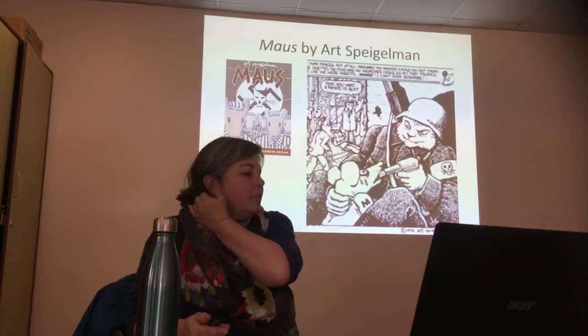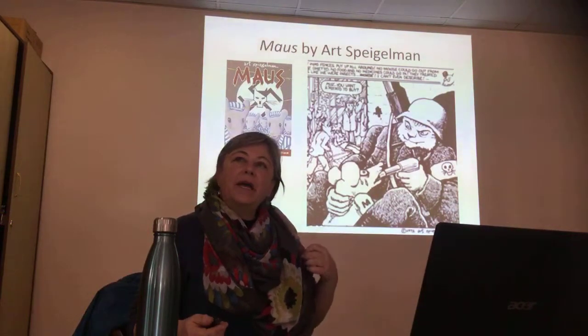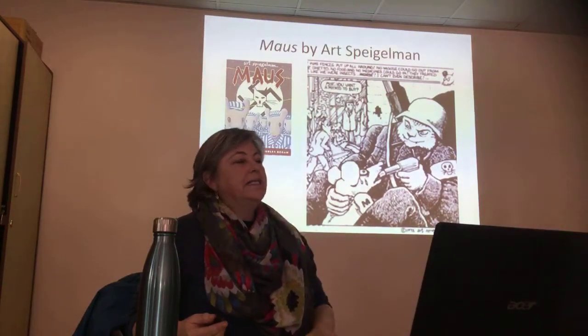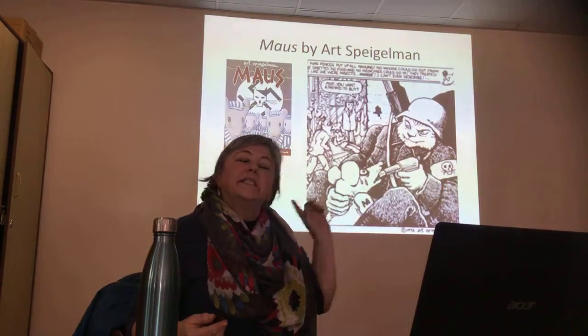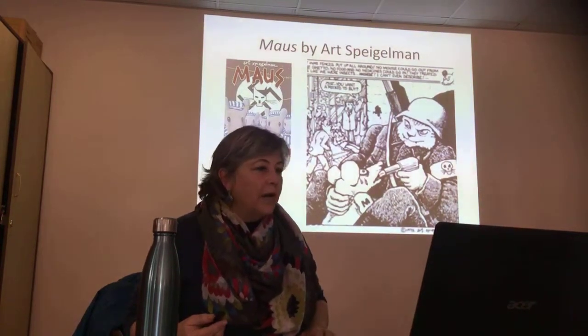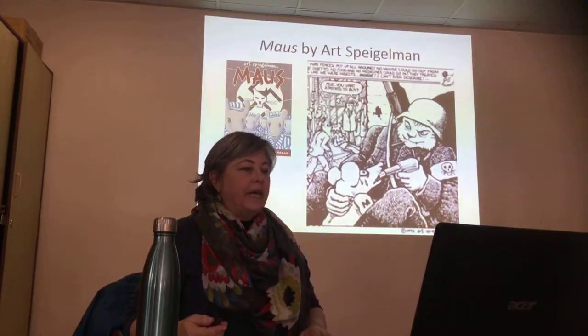So the idea of serious topic graphic novels, most people would call this book sort of the first one that laid the groundwork. This is a book called Maus by Art Spiegelman.